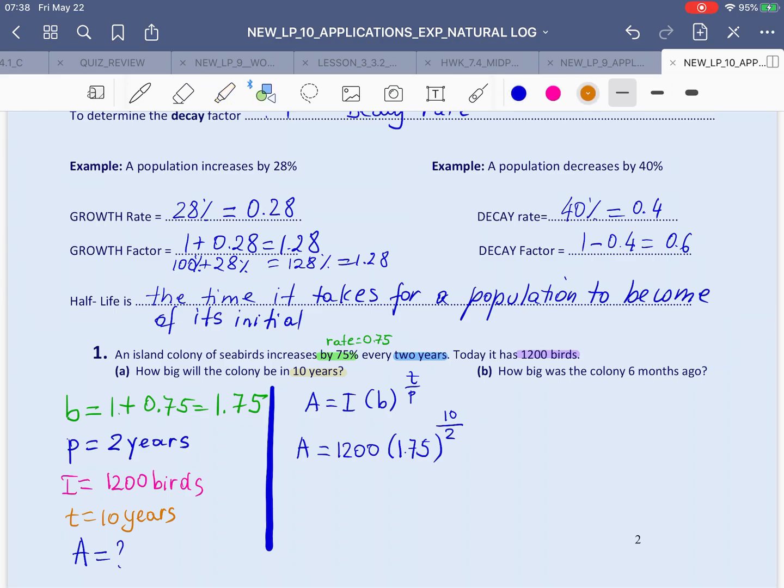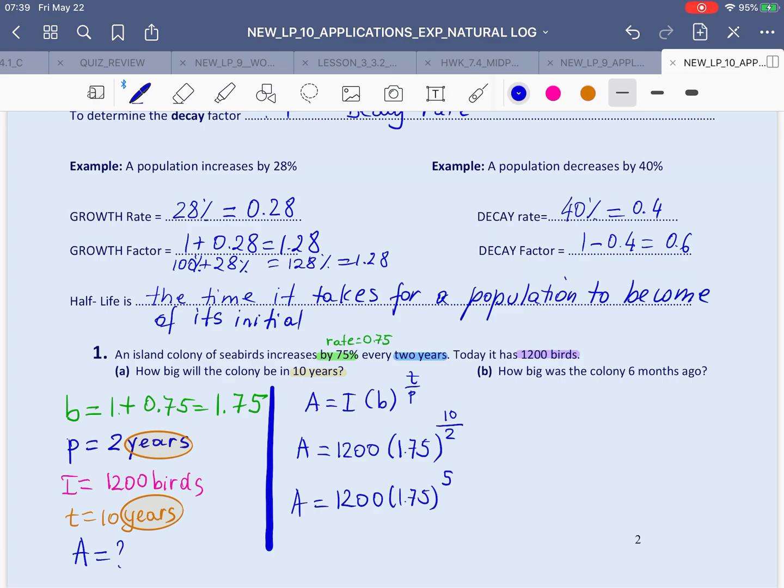Now, one thing we need to remember is that we should always make sure that the unit measurements here are the same. And the reason why is because they communicate with each other here in the exponent. So we can't use different unit measurements. So use the calculator.